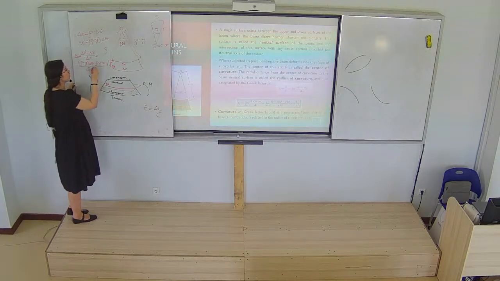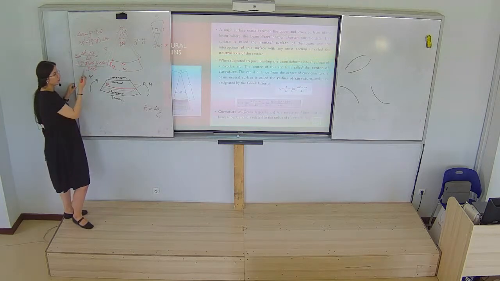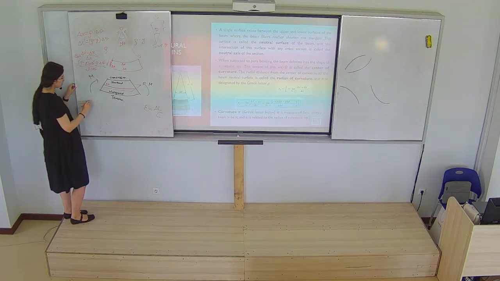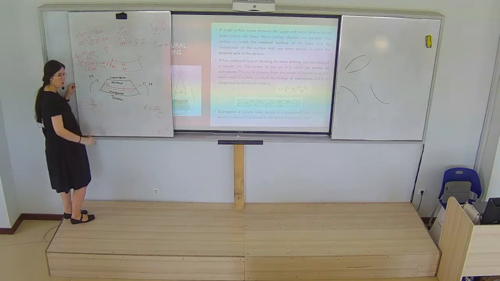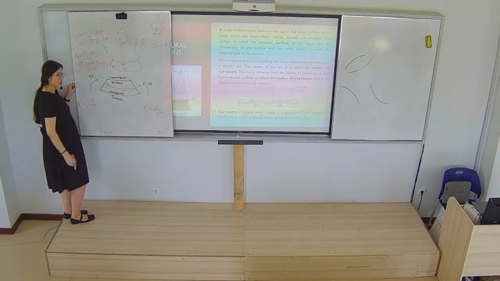I will remove delta theta from all parts, from the denominator also. And we will have rho also removed: minus y divided by rho. It gives us the flexural strain or bending strain.